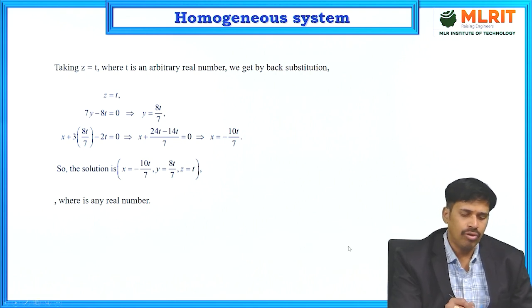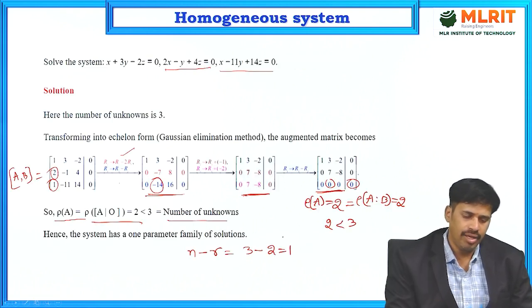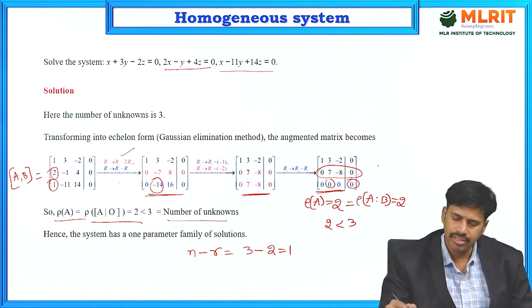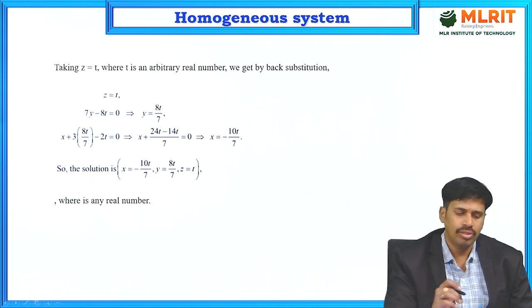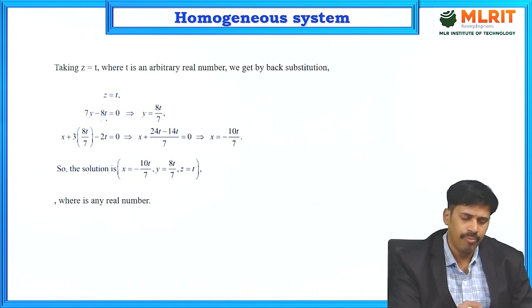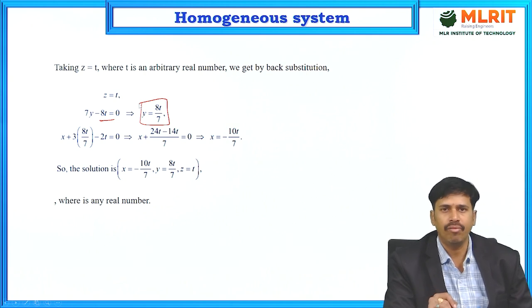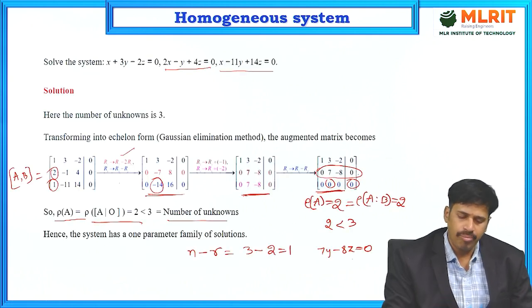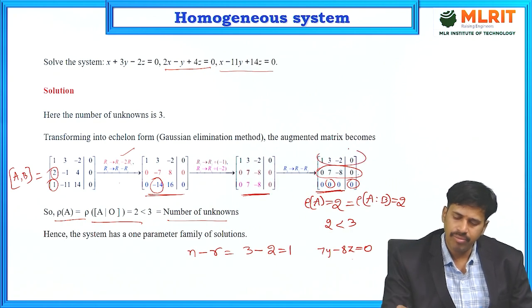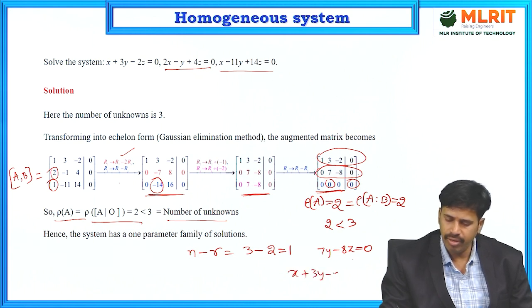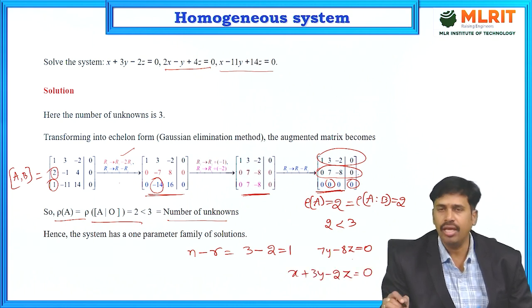If z equal to t, substitute in the second equation. From this, I can write 7y minus 8z equal to 0. But what is z? t. So substitute z equal to t here. I get y value as 8 by 7 into t. Right. So from the first equation, we can write x plus 3y minus 2z equal to 0.